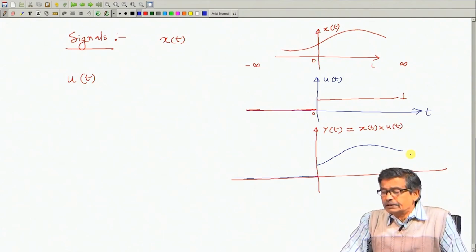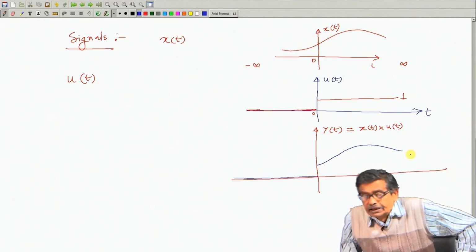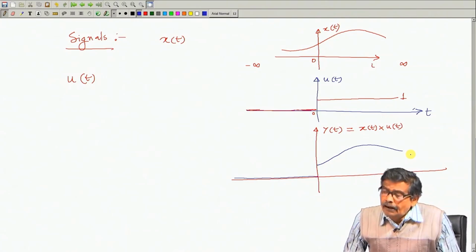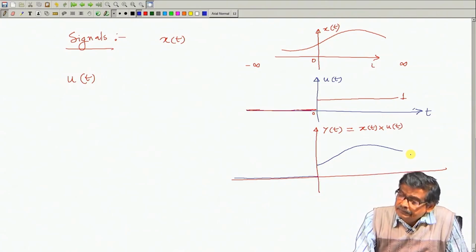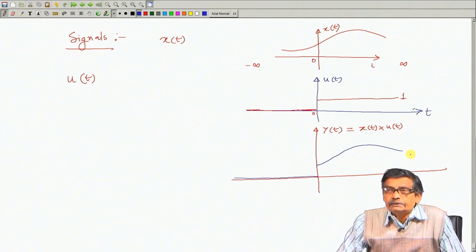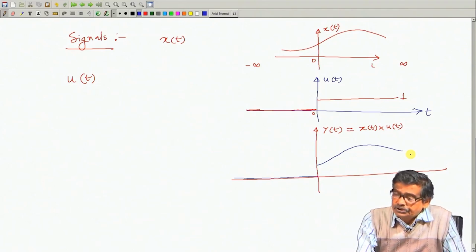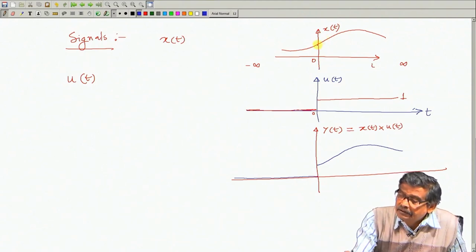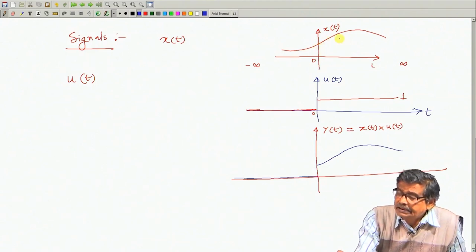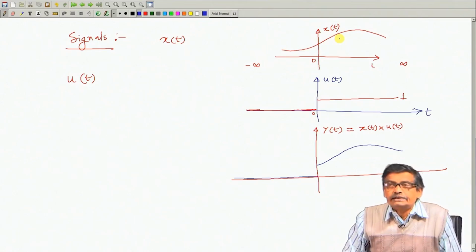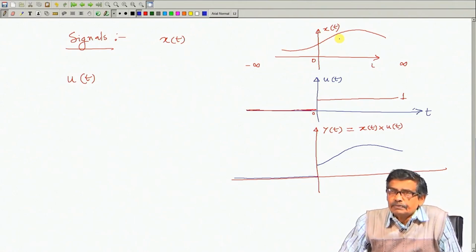So, any signal if you multiply with the unit step function, the value of the function drops down to 0 for t less than 0. That is, I am only taking the value of the function x(t) for t greater than 0.